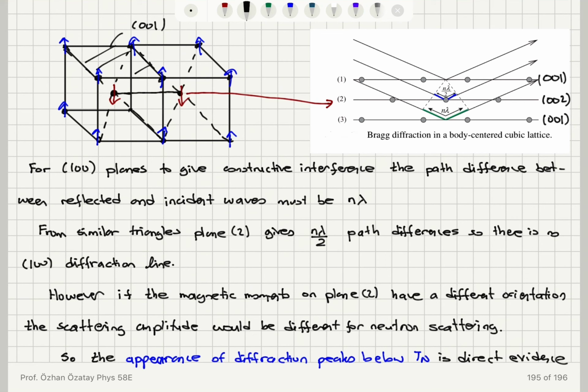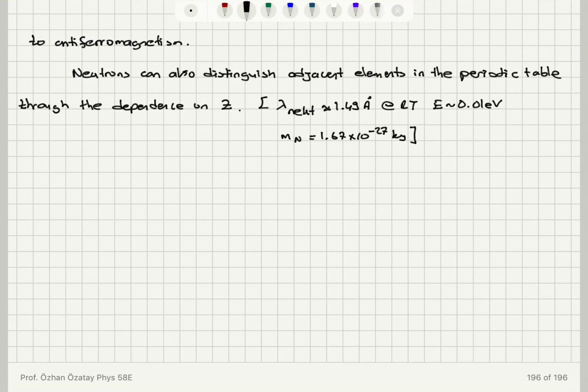However, if we do neutron scattering, and if this is an antiferromagnetically ordered crystal, we would see a different scattering amplitude for magnetic moments pointing in opposite directions. Therefore, the appearance of these diffraction peaks in neutron scattering would be direct evidence for antiferromagnetic ordering.